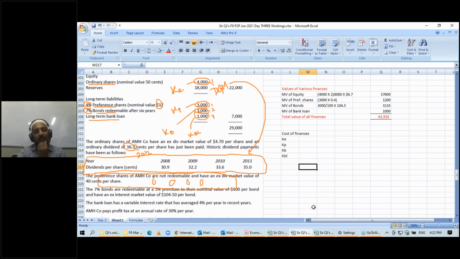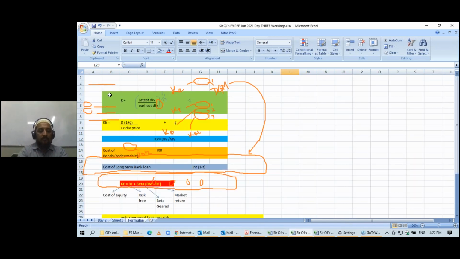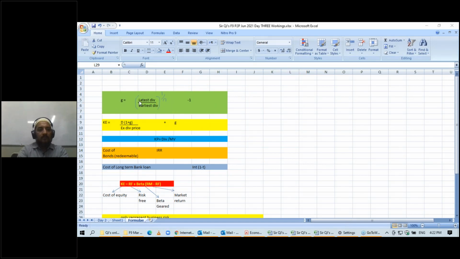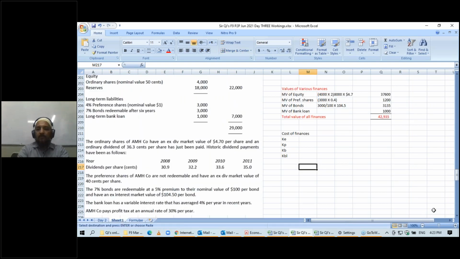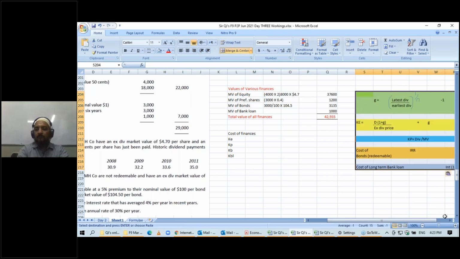Let me give you the formulae for these calculations. Okay, so we'll be using these formulae for calculating these costs.